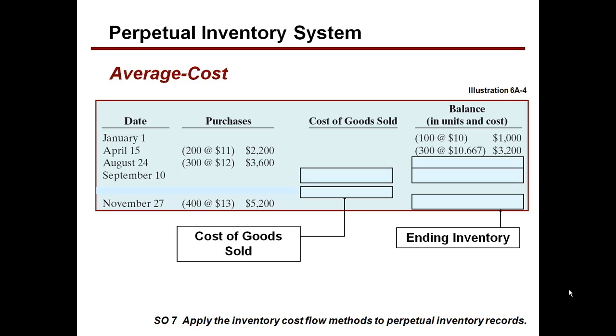August 24th, we have a new purchase, 300 units at $12. Our weighted average cost is going to change here. It's going to increase. First of all, let's calculate our total dollars in inventory. $3,200 comes down from the previous ending inventory, plus our purchase of $3,600. That's $6,800.